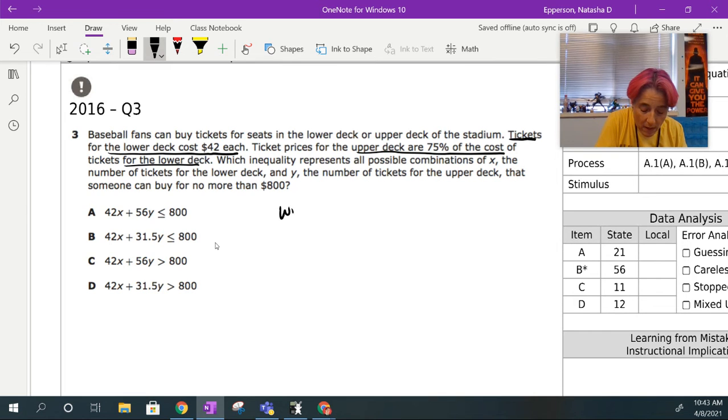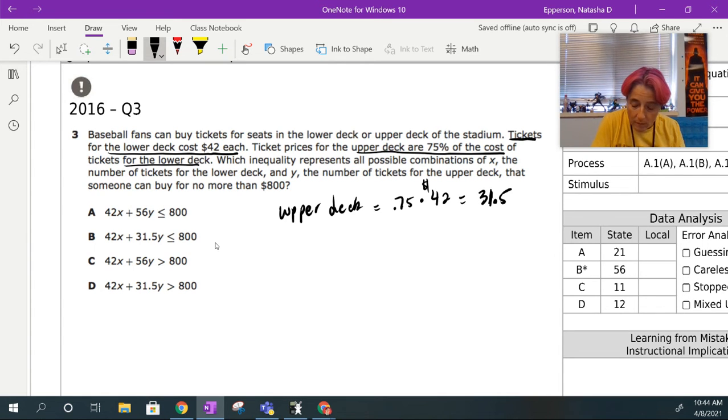So think about this. We've got the upper deck, which is going to be 75%. So that's going to be 0.75 times the cost of the lower deck, which is $42. Okay, so 0.75 times 42 is going to give me 31.5. And then we've got the lower deck, which is $42.